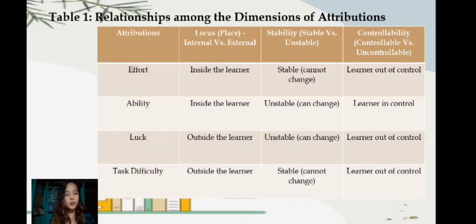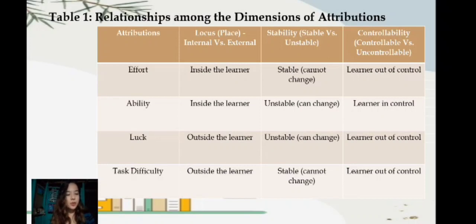So here in Table 1 are the relationships among the dimensions of attributions. We can see under the first column the achievements that can be attributed to effort, ability, luck, and task difficulty. In effort, the locus or place is inside the learner, though stable, but it is out of the learner's control. Next is ability.